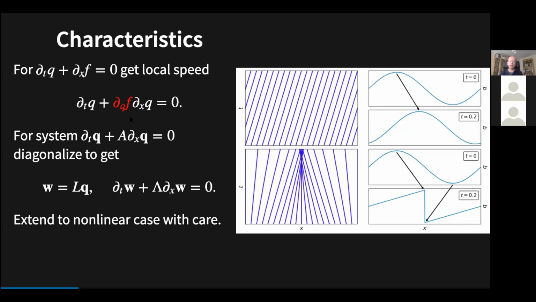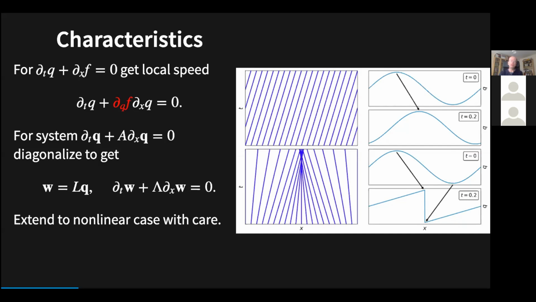So this looks like an advection equation locally, where the information is propagated to the right with the characteristic speed d_q f.